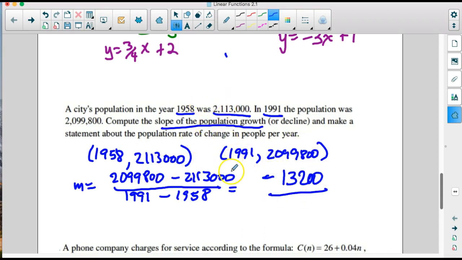Population did decrease here. And then 1991 minus 1958 is going to be 33 years. Okay, so we need to divide that to find the slope. So that would be negative 400.